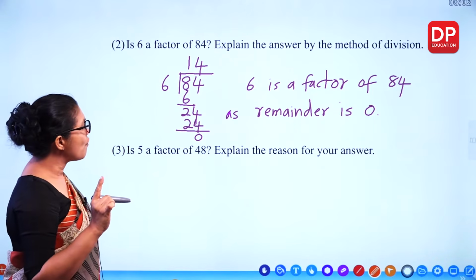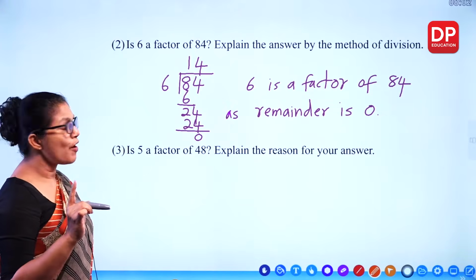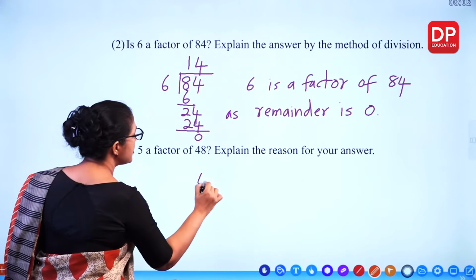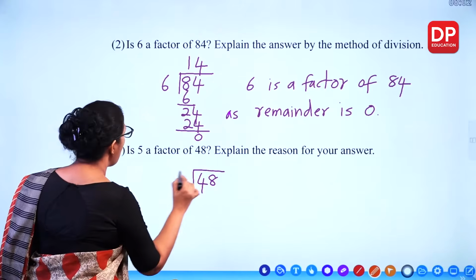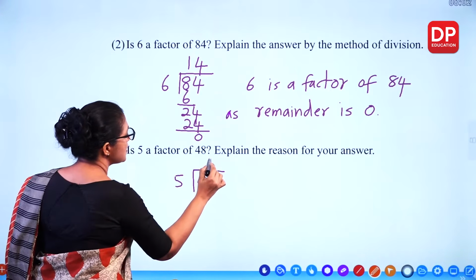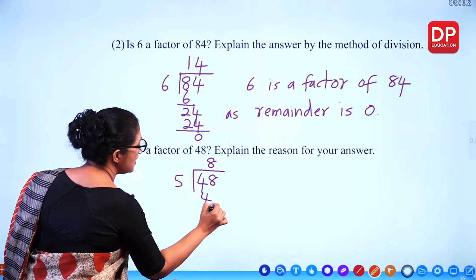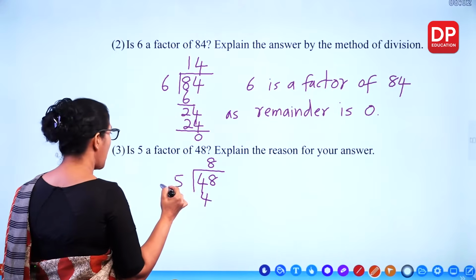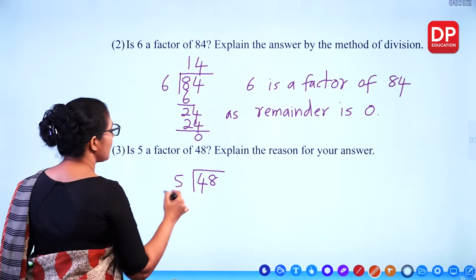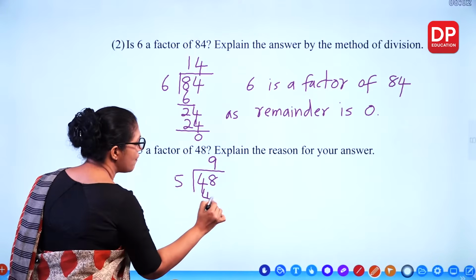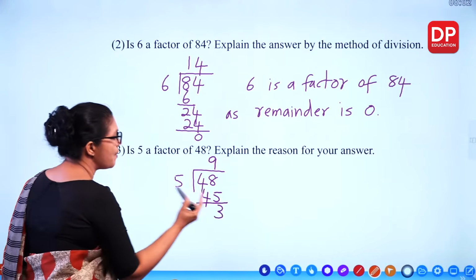Is 5 a factor of 48? Explain the reason for your answer. So we'll divide and see. 48 divided by 5. 5 times 8, 40. 5 times 9, 45. And 3 remaining.